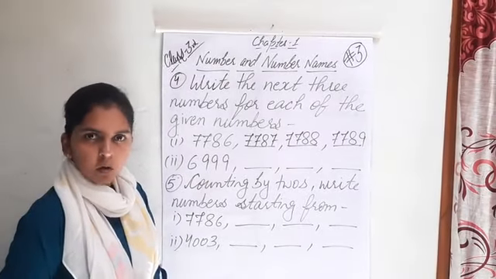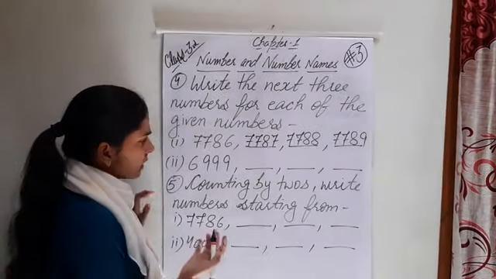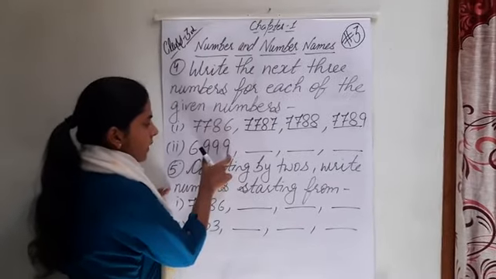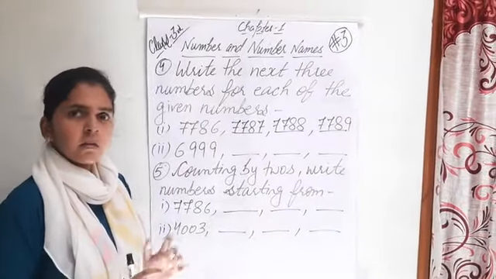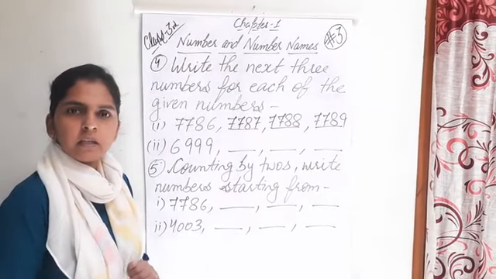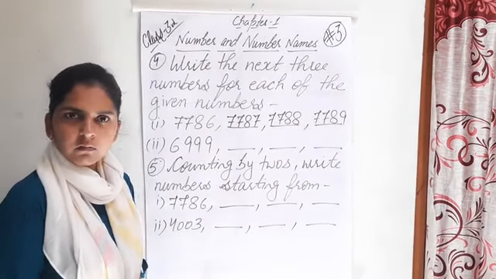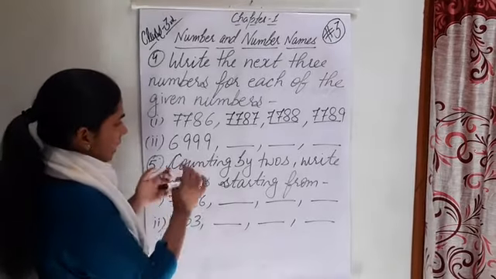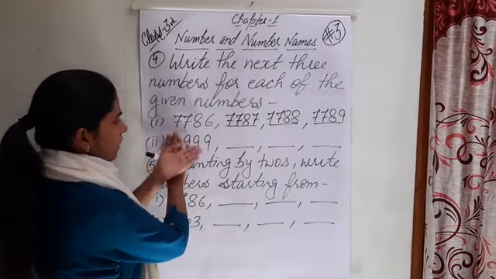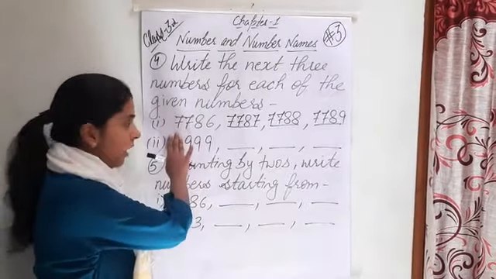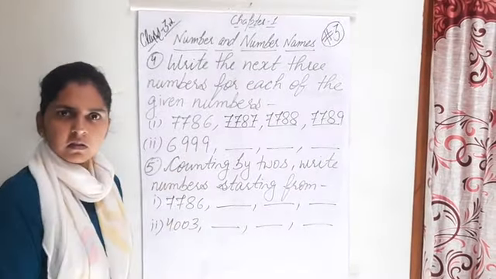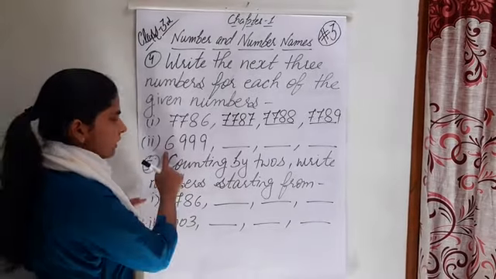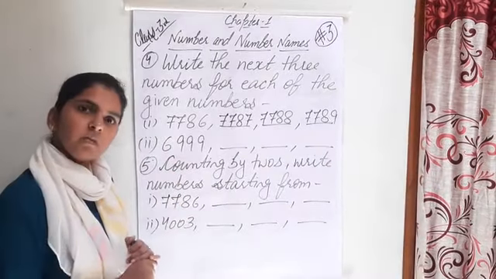Next part is 6999. Okay, students. As you can see, this number is 999. And the next number of 999 is 1000. It means if there is nothing before it, this number will become 1000. If there is any digit, then that digit becomes the next digit. So there the digit is 6, now it will become 7.